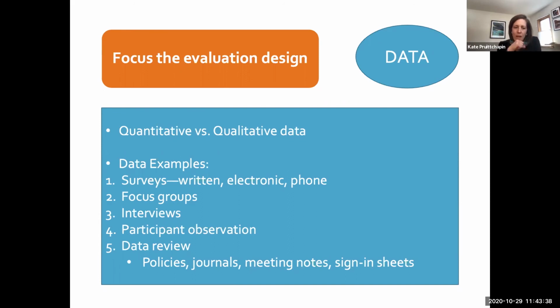One thing I want to say about surveys or focus groups or interviews is to be mindful of whether your involvement, let's say you're boots on the ground, a service provider, in collecting this data will impact a person's ability to be candid. When I was working with a domestic violence program, we wanted to get some feedback from their shelter residents.